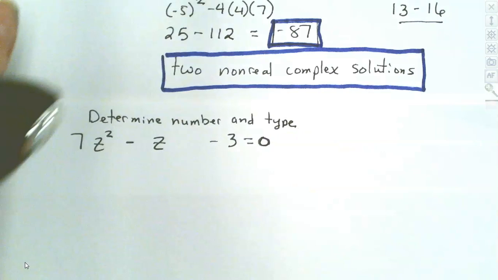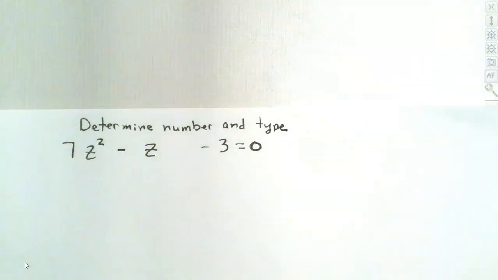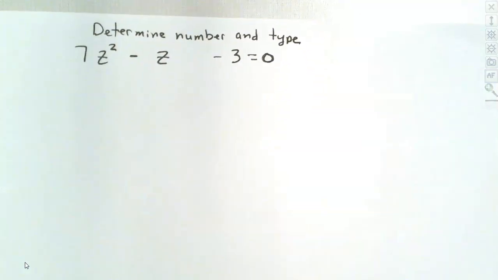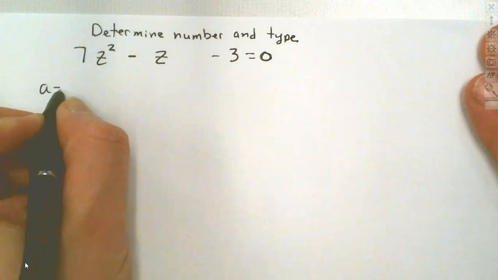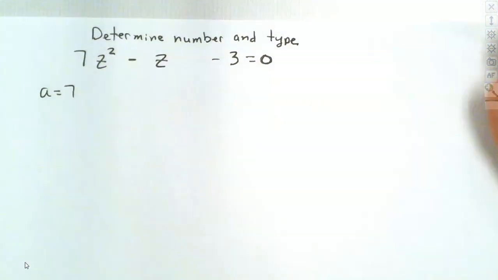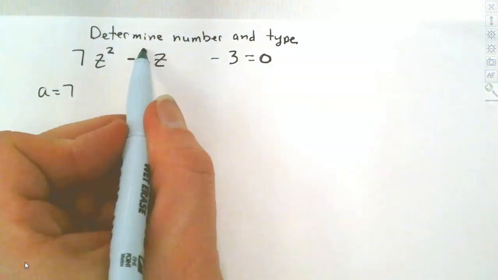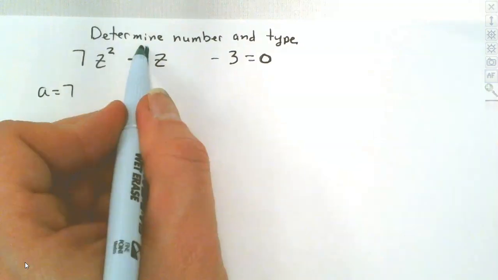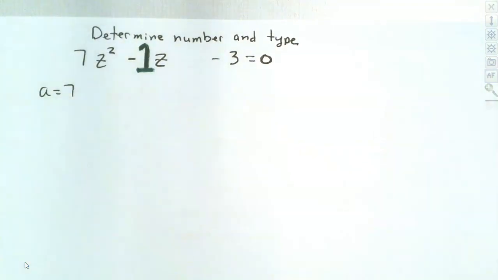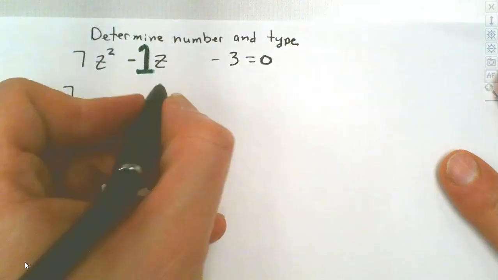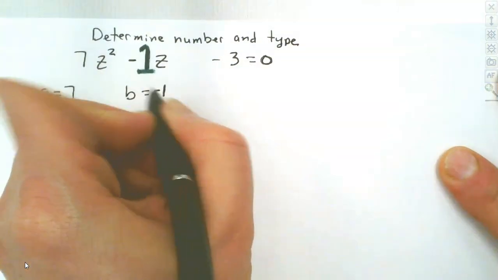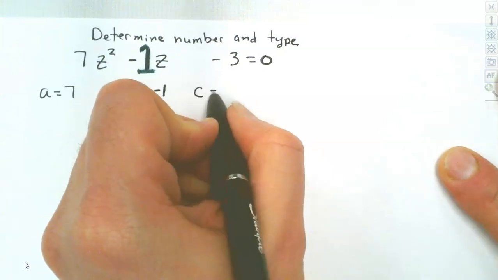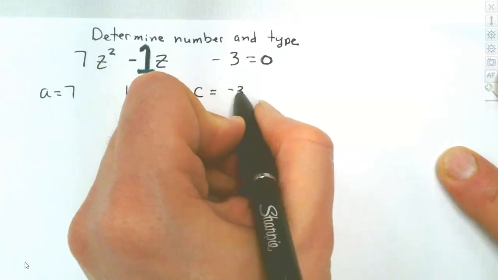So is it already set to 0? It is. What are my A, B, and C? Is it in the correct order? Yes. So my A would be a 7. If there's no number in front of that Z, you can always put a 1 there. So we have a minus 1 for the B. And then C is a negative 3.